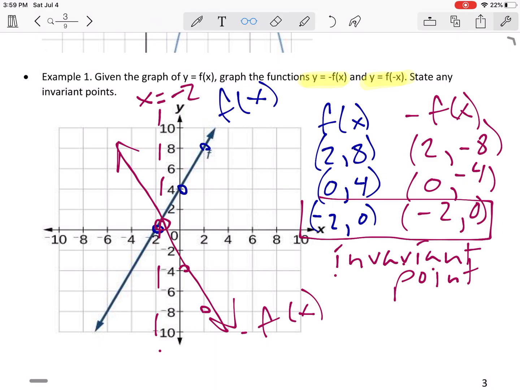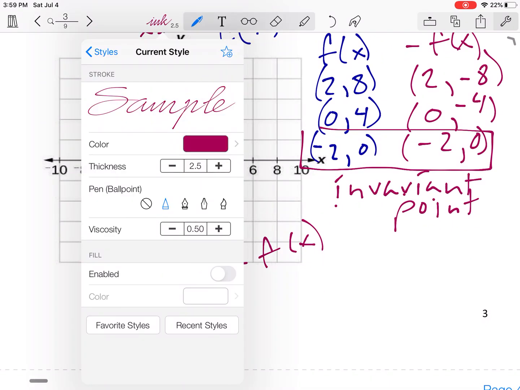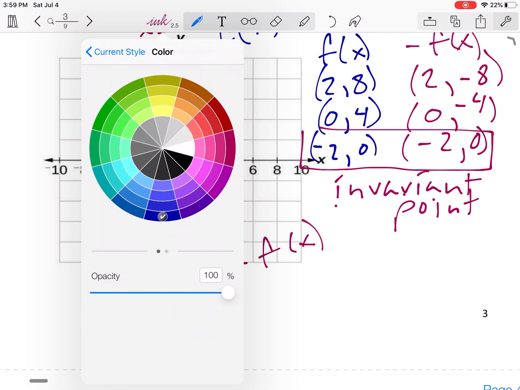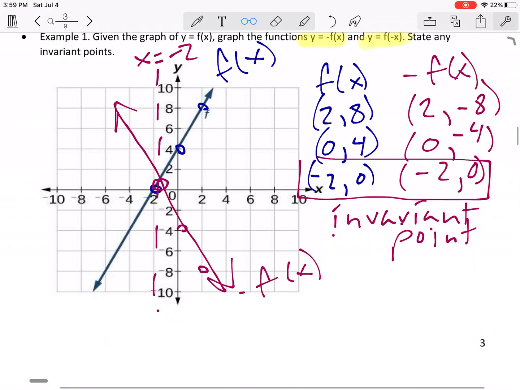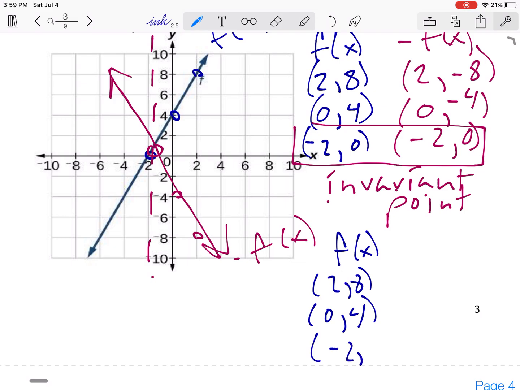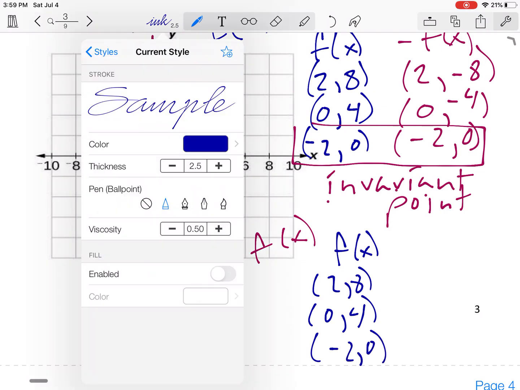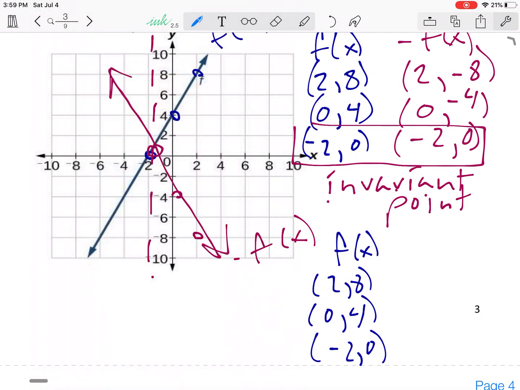Let's look at another one here: y equals f of negative x. I'll put the ones we started with again. Let's look at f(x). That was (2, 8), (0, 4), and (-2, 0). And so this is going to be f of negative x.